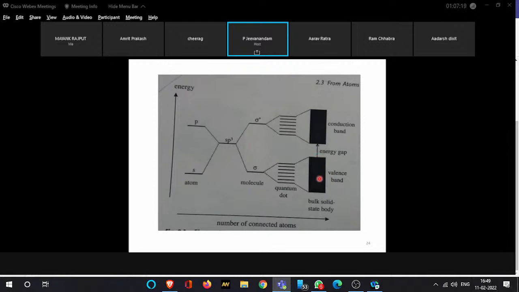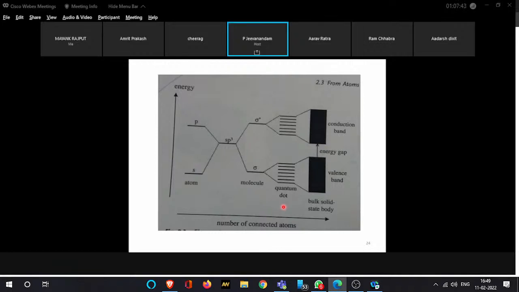Somewhere between the molecule and the bulk solid, there is something in between which is not in your syllabus, but I can tell you briefly. A quantum dot is actually a semiconductor molecule of very, very small size. The previous example I gave you, cadmium selenide, is also called a quantum dot.